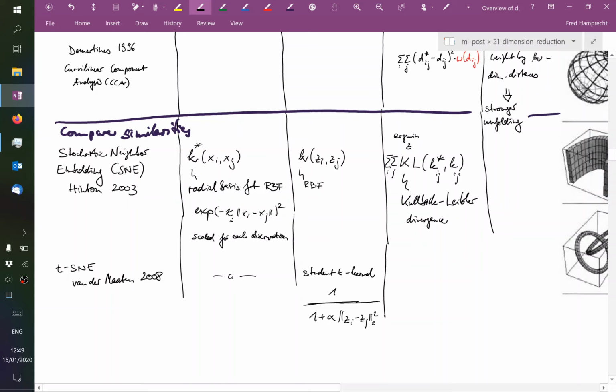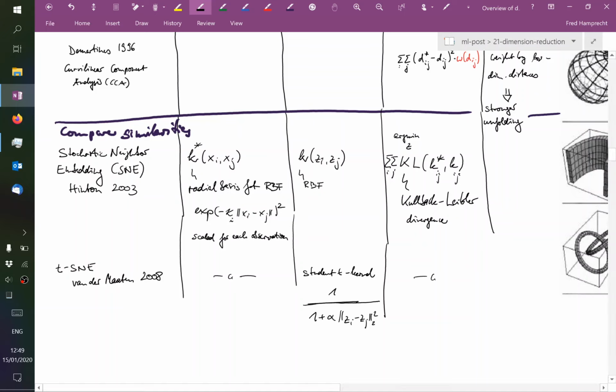And now in t-SNE, this Student t kernel has much heavier tails than the RBF kernel, and this turned out to have a huge impact. So the objective was still the same.